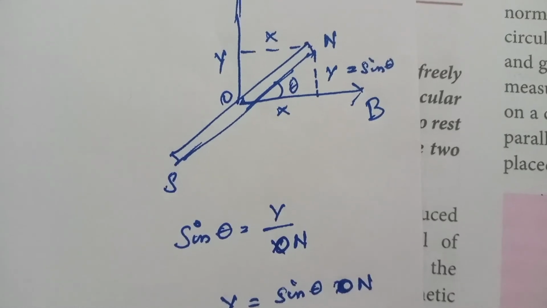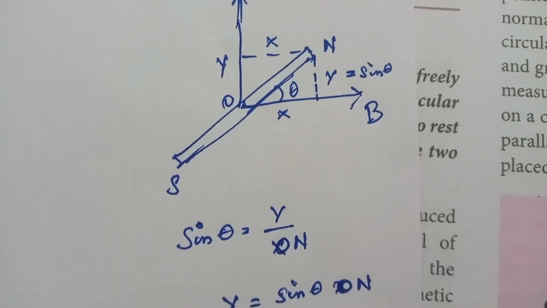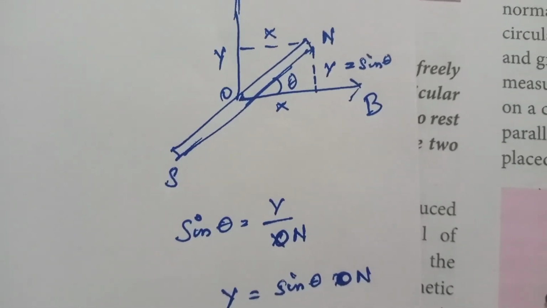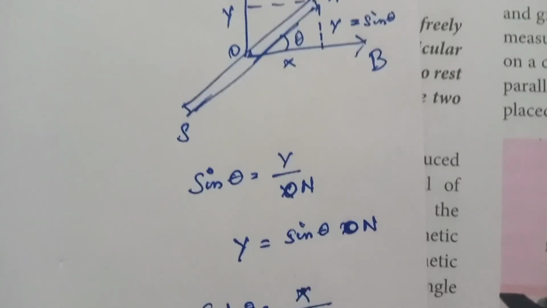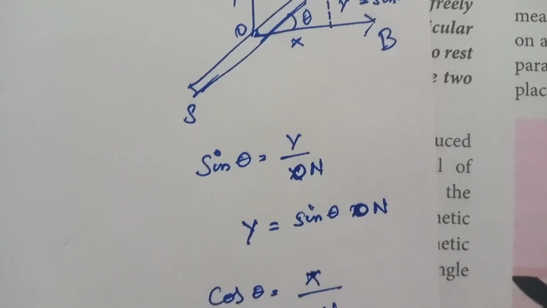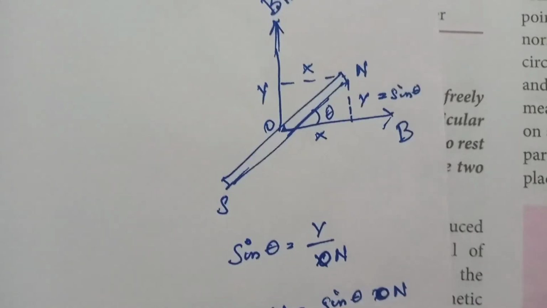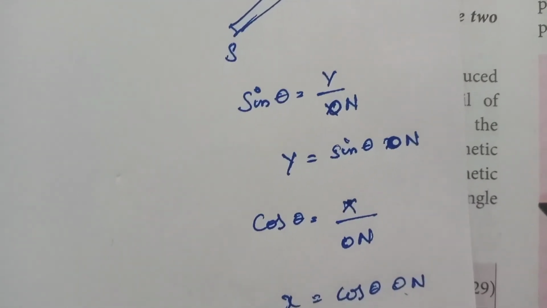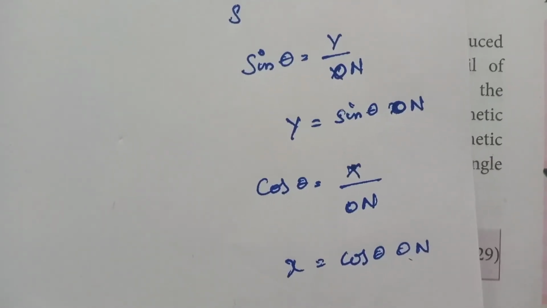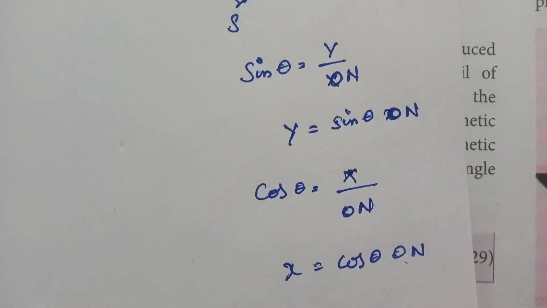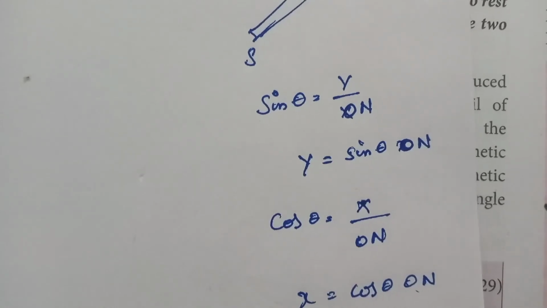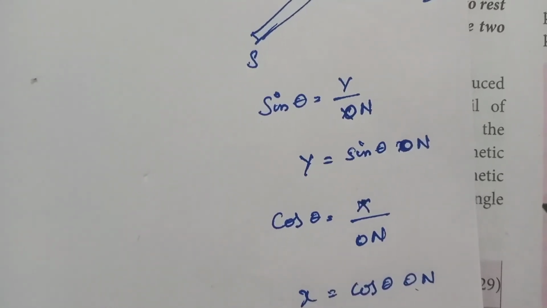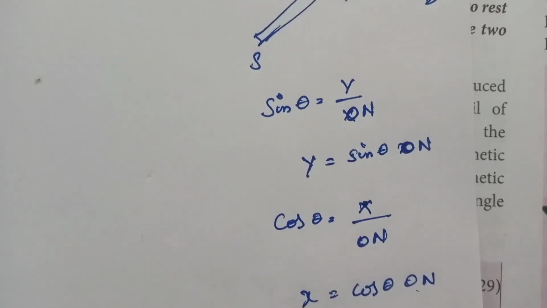Sine theta is equal to opposite side by hypotenuse, so y by ON. Then y is equal to sine theta into ON. Also, cos theta is adjacent side by hypotenuse, so x by ON. So x is equal to cos theta into ON. Comparing these two equations, we divide equation number 1 by equation number 2.